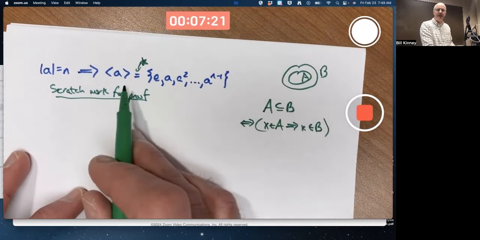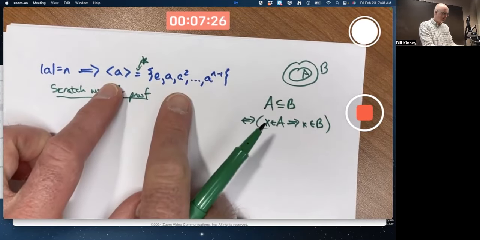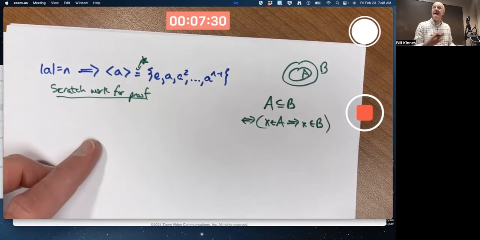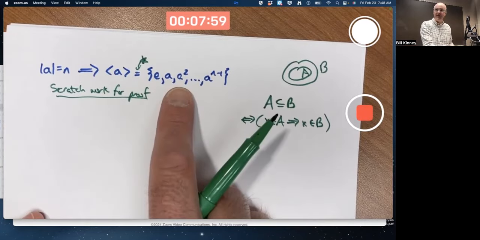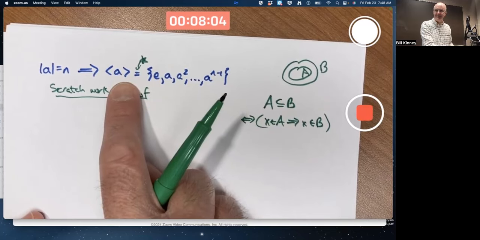So coming back to the problem at hand, we wanted to show these two sets are equal, show this is a subset of that, and also this is a subset of that. One of those inclusions is trivial. Every element of here certainly is an element of that, right?